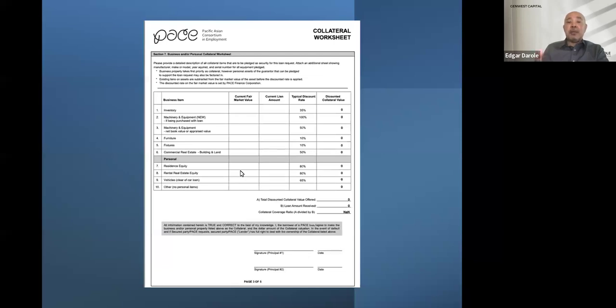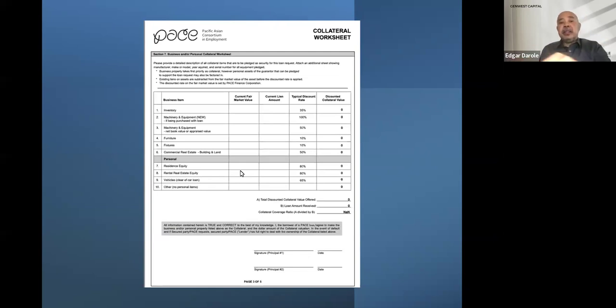This is what I'm willing to pledge in order to get the loan. Typically, it's broken down into inventory, machinery, equipment, furniture, fixtures, commercial real estate, and if you're willing to put in your residence, you have to put it in there. If you own other real estate property, you have to list it there.